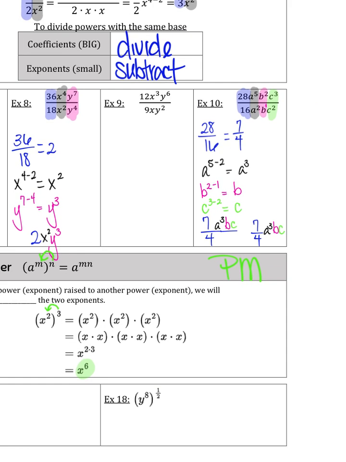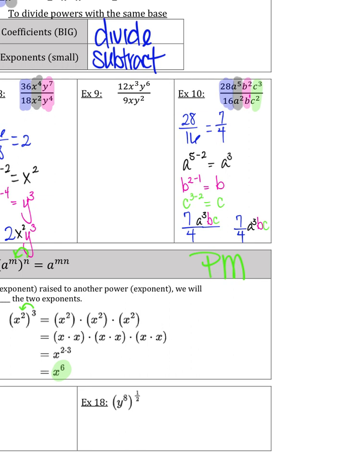Now I want to give you another example just so that you can see what happens if you were to have a coefficient in the front. So in this example, I want to put 2 inside of parentheses, x to the 2nd raised to the 3rd power. If I have that, I need to remember that this 2 also has an invisible exponent of 1, and I'm going to take that 3 and multiply it by the 1, and multiply it by the 2.